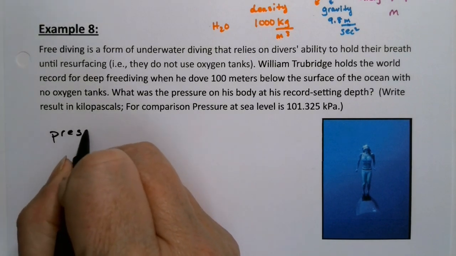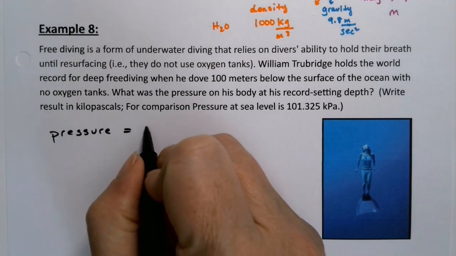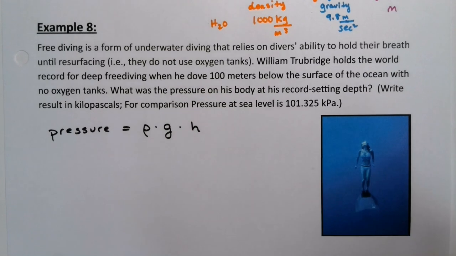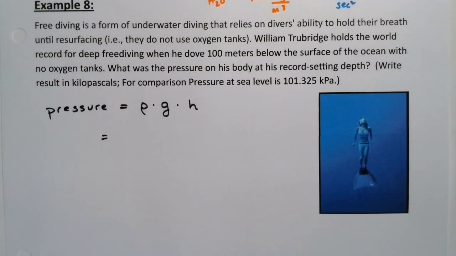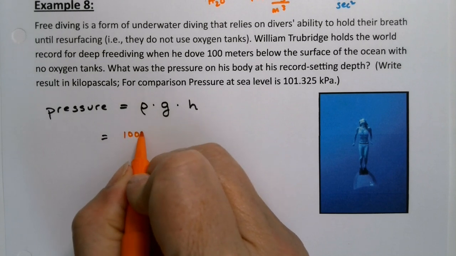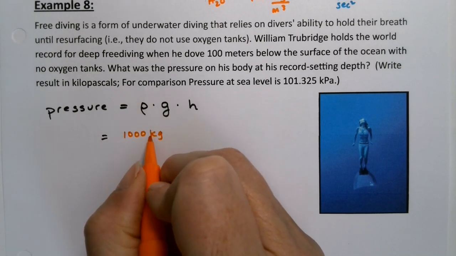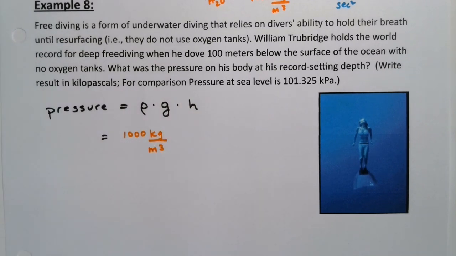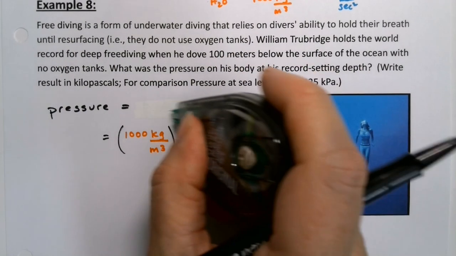So very basic. Pressure, by definition, is rho, which is the density of water, times gravity times height or depth. Now we already said rho is 1,000. That's just what water is. And again, I'm going to put the units in here so we can see it. So kilograms per meters cubed. So that's rho. Actually, I'm going to color code these. I take it back.